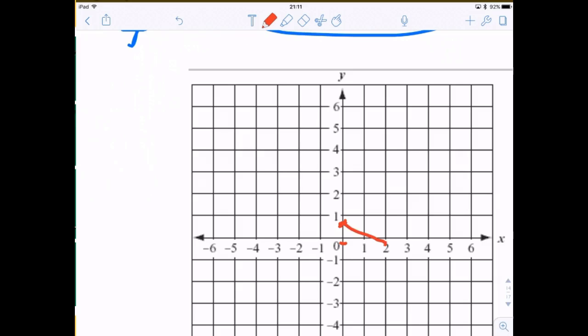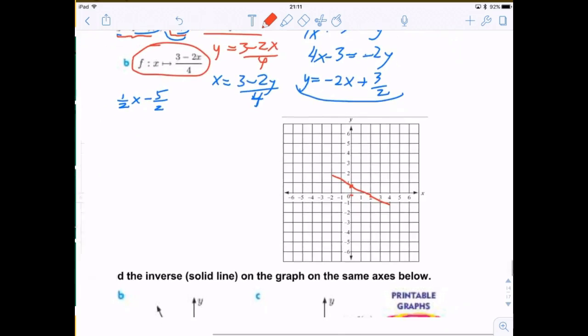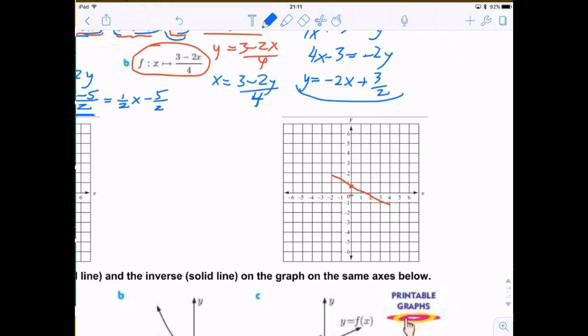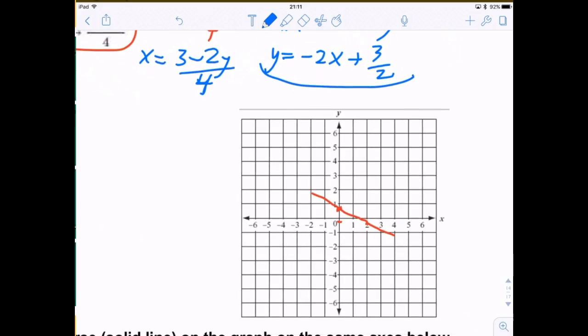So it would look kind of like that. And then the blue function has a y-intercept of 3/2 and a slope of -2. So the rise of -2 and a run of +1.